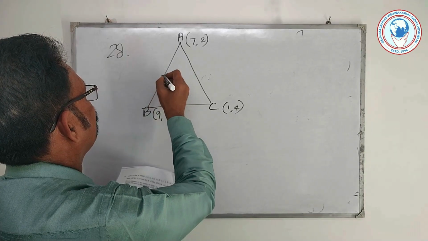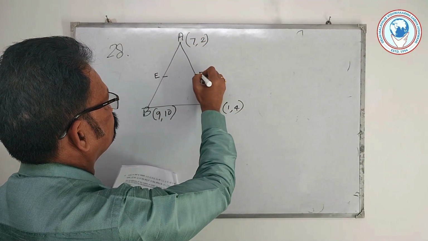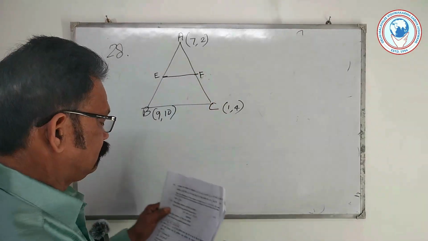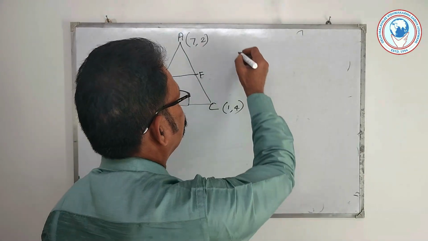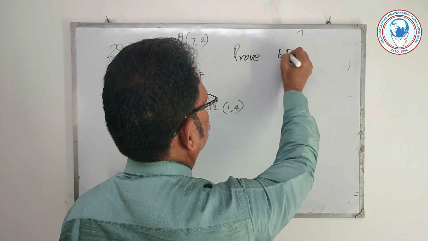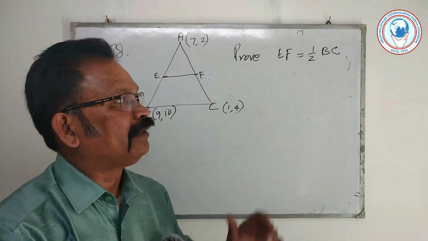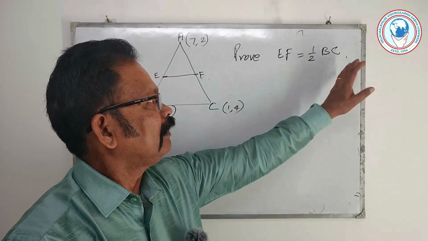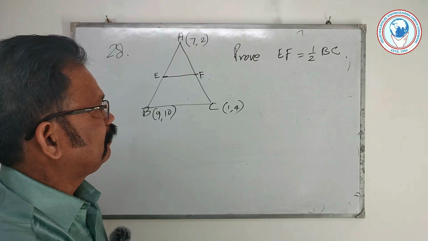That is, midpoint of AB is E, midpoint of AC is F. Now to prove that EF is equal to half BC. So let us find the length of BC, then find the EF also.